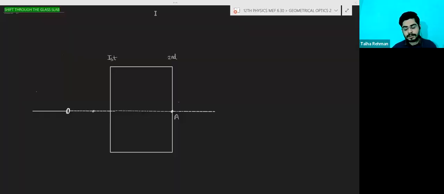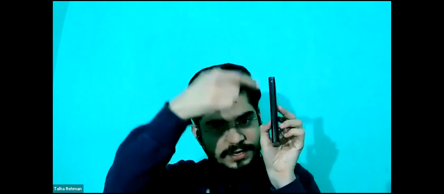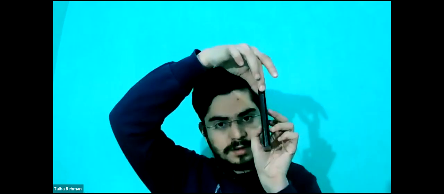But at the same time, you should know from where you are watching. You will watch like this, and this is the thickness. This portion, in an expanded way, you will see from here.